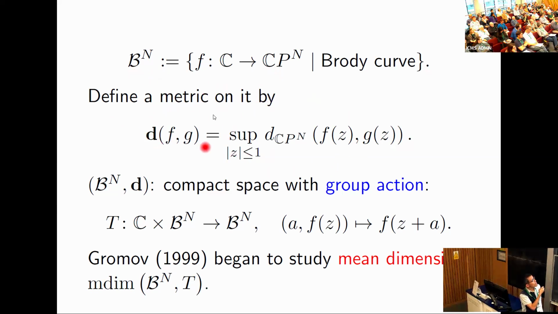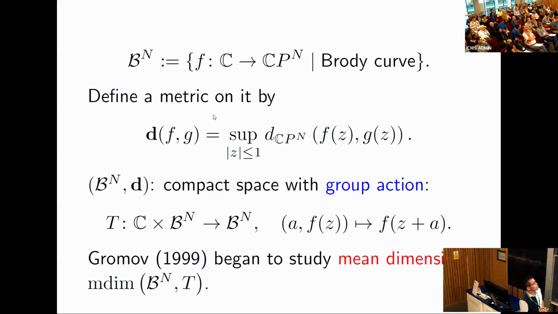Here f and g are Brody curves, and d_{CP^N} on the right-hand side is the Fubini-Study distance between two points in CP^N. We consider the Fubini-Study distance between f(z) and g(z) over the unit disk. Then this gives a metric on B_N, and its topology is the standard compact-open topology.